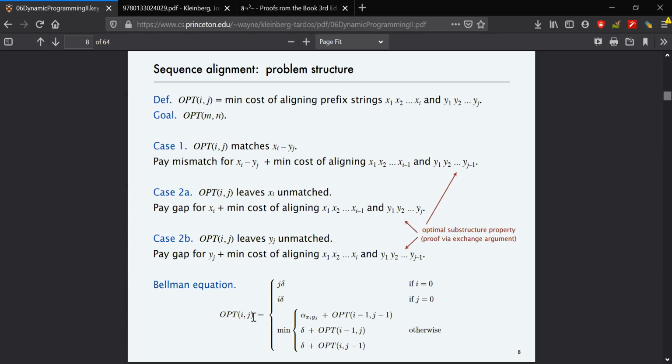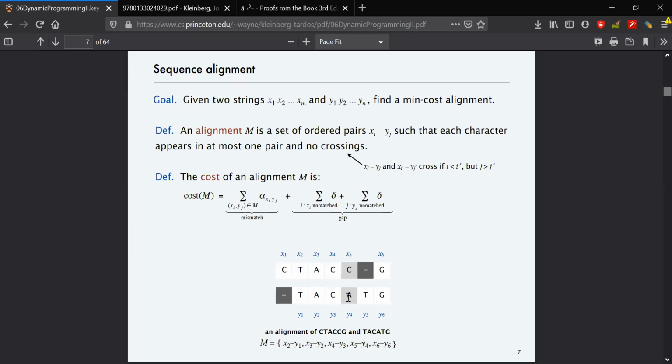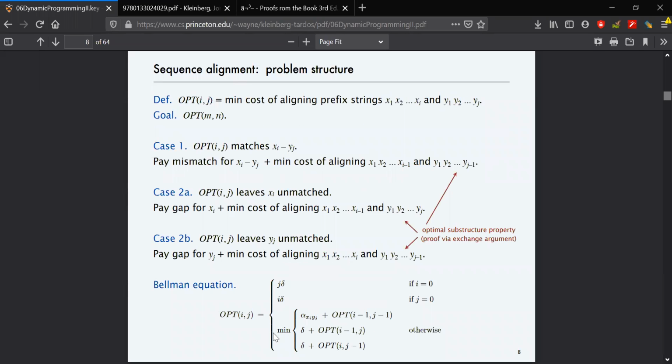So what is the first possibility? The first possibility is that you match xi and yj. When you match xi and yj, then you have to pay the mismatch cost.